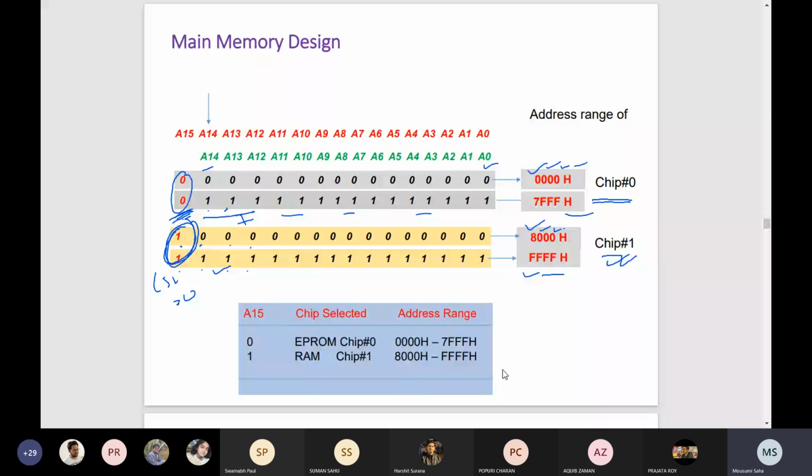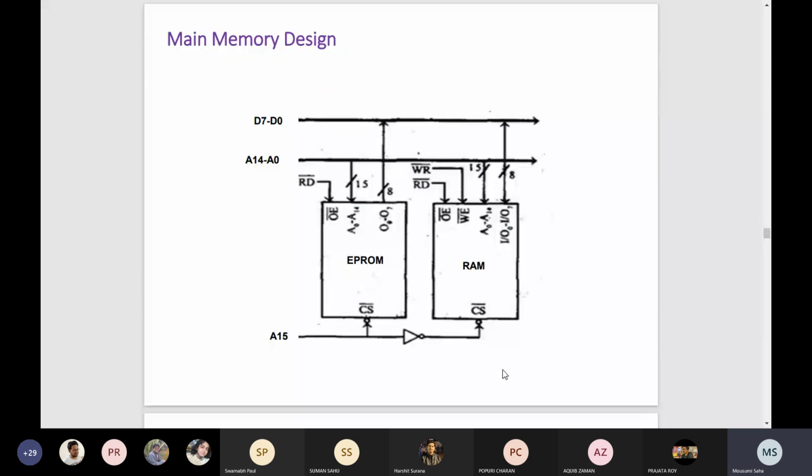Now if you see the circuit, then you can understand better. Our target was 64 KB, so the address we need is A0 to A15. See that we have A0 to A14 and A15. A15 is used to select chip 0 and chip 1, and the memory which you have has 15 address lines.